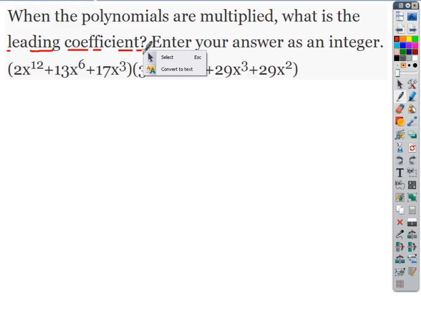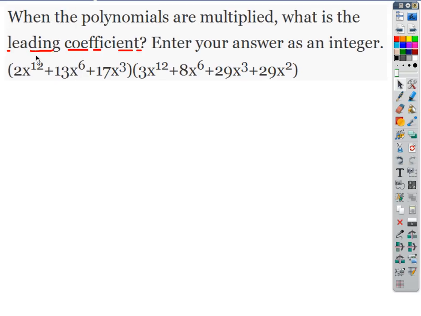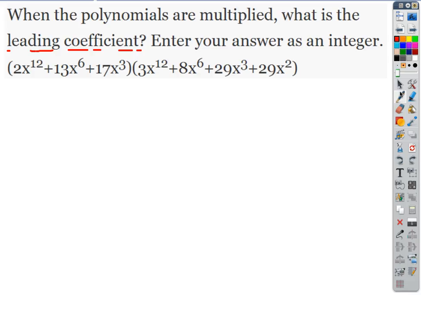If I take the biggest power of x over here, times the biggest power of x right there, those are the two terms that are going to get multiplied together to make the biggest power of x, right? All the other ones will be smaller. So when I do that part of the distribution, I get 2 times 3 is 6, x to the 24 plus a whole bunch of smaller stuff.